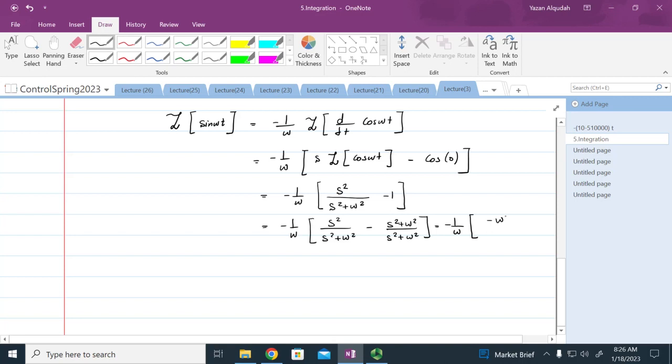What's going to survive in the numerator is negative w squared divided by s squared plus w squared, so negative 1 over w times that, and therefore this is going to equal positive w over s squared plus w squared.